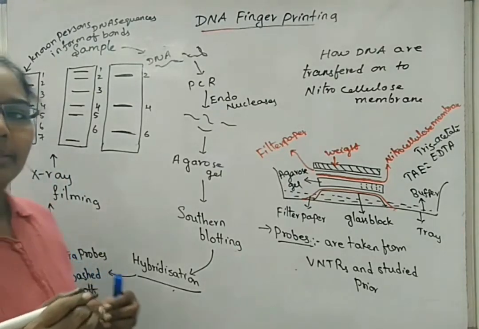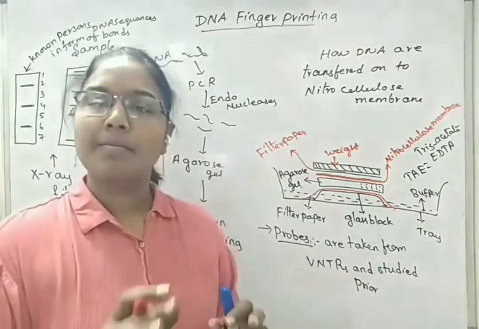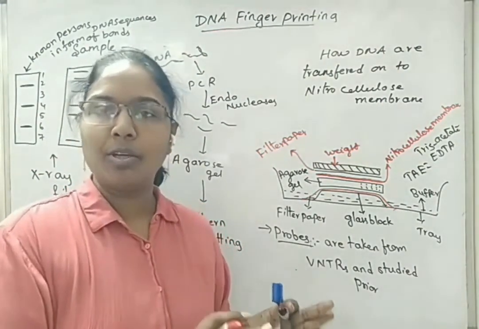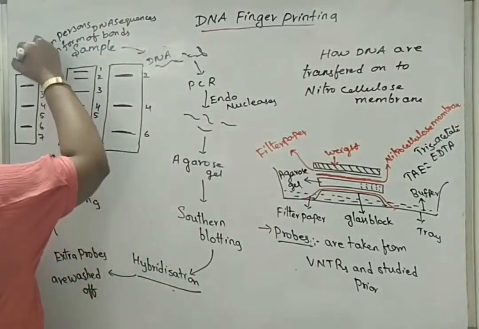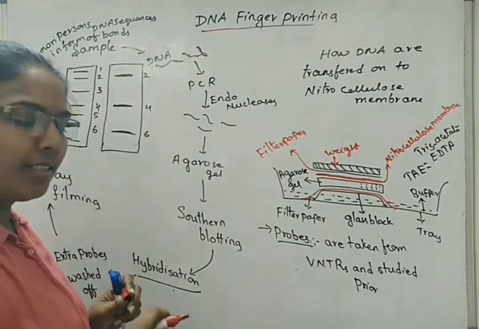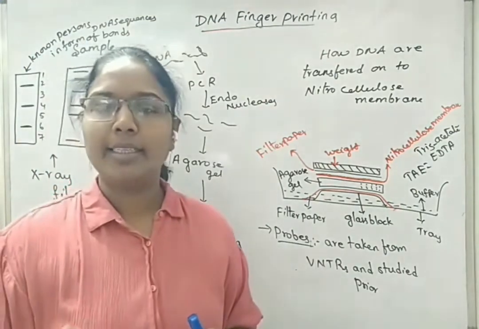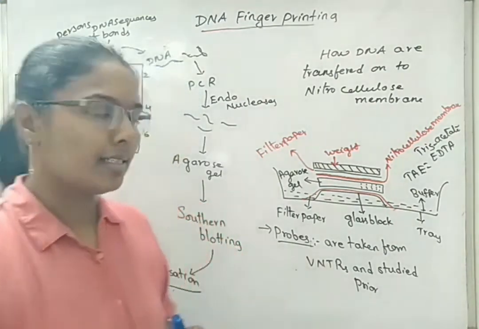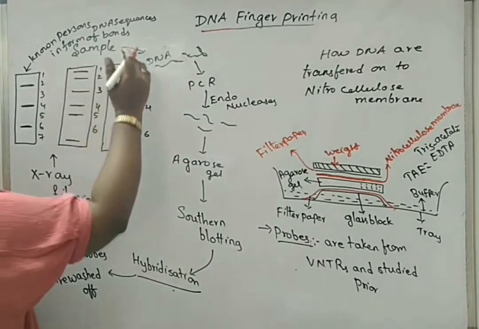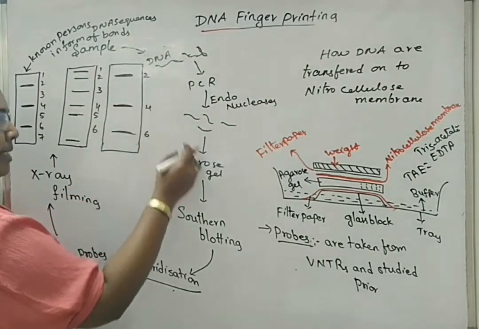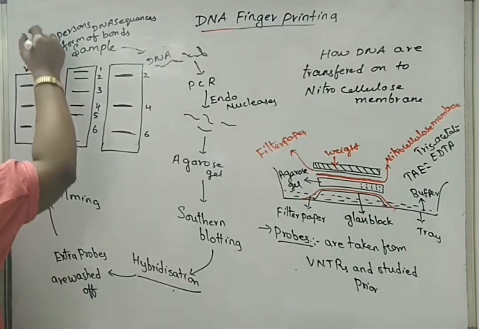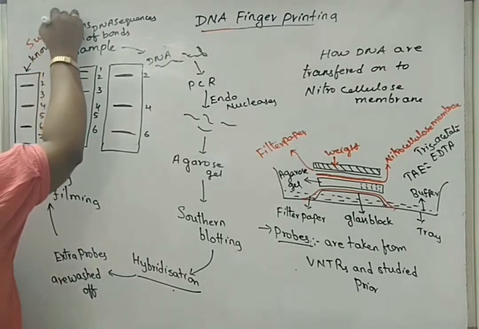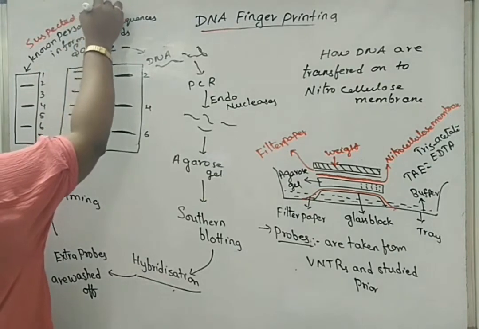So if some crime has happened, they have some samples, a blood sample or some hair like that. The suspected person's blood sample is taken first and its gene sequences are studied. That known person's blood sample goes through all this process, and he is considered the suspected person.